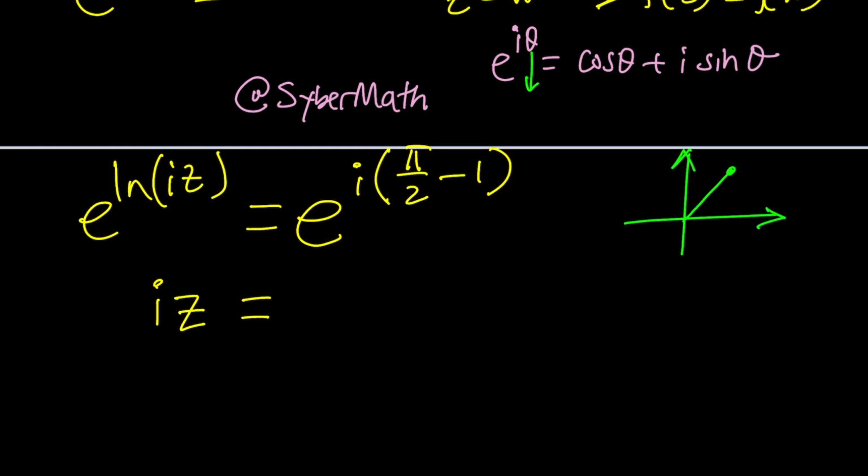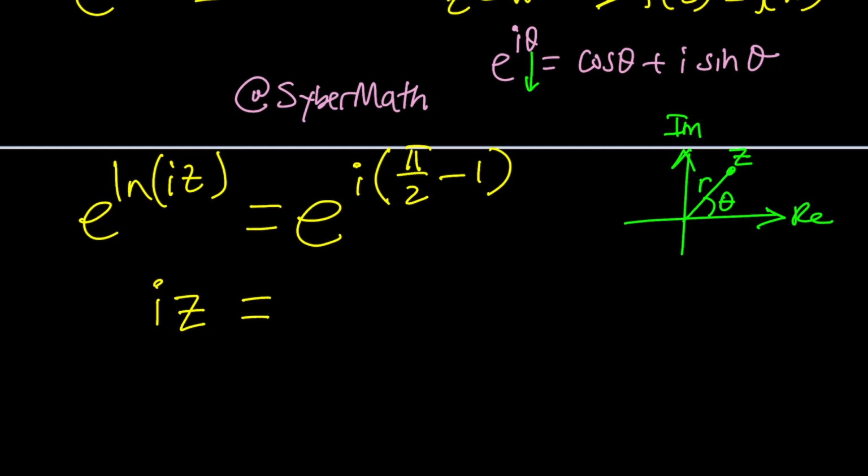Complex numbers are two-dimensional, so they don't always appear on a number line. They're just kind of like vectors. This is the real part of the Argand plane, this is the imaginary part, and this is theta. This is z, and r is the modulus or the absolute value. So theta is the argument, the angle.